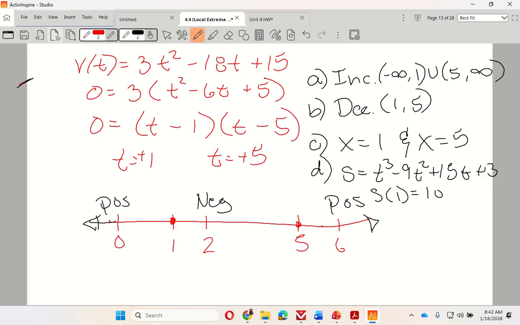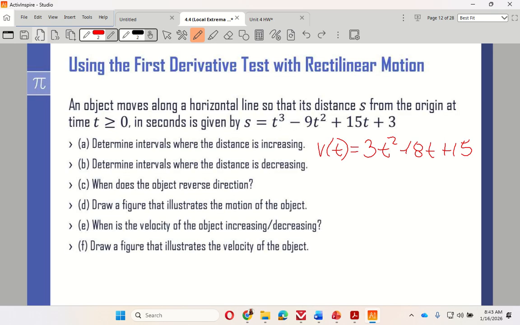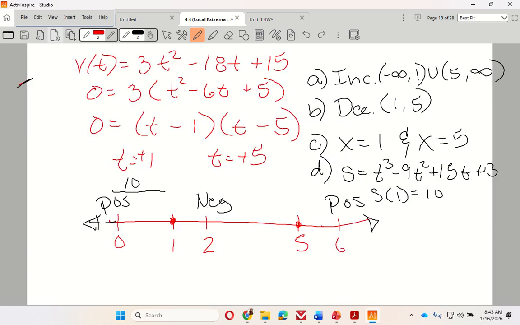All right, so that means that from here to here, he went this way 10. Are these in meters? No, it's just whatever my units are. So it goes this way 10.